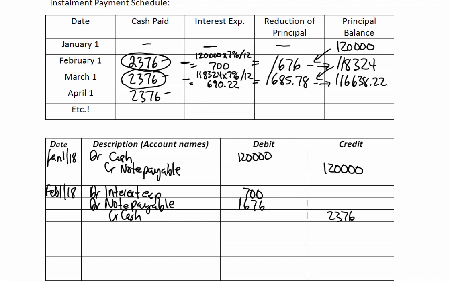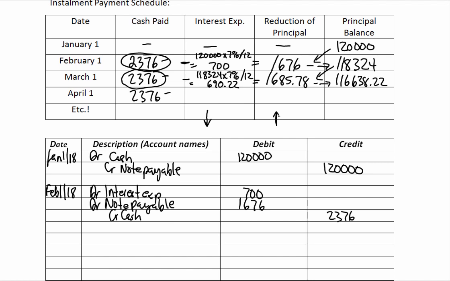So notice what's happening. My interest is going down because my principal is going to go down. And when my interest goes down, my principal payments go up because there's a division. I'm taking the $2,376 and I'm dividing it between two pools. And because my interest pool is going down, it means my principal reduction is going up.